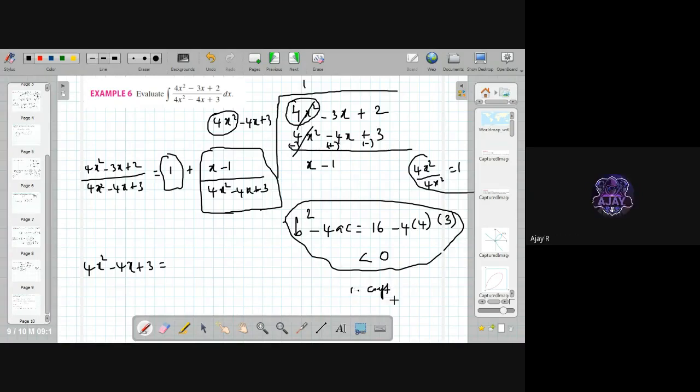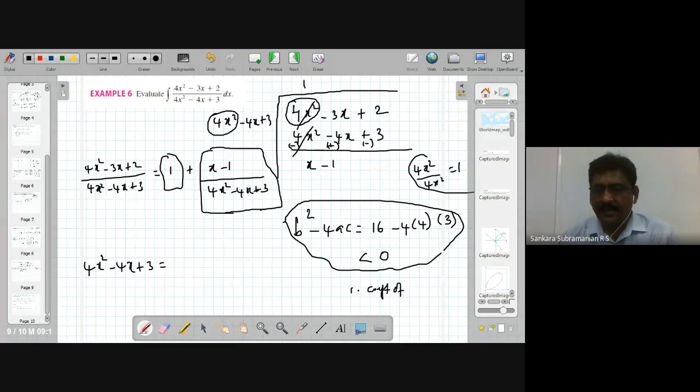X-ஓட square coefficient 1 ஆகும். Very good. Well done. Coefficient of x square must be 1. 1 இருக்கணும்னா coefficient of x square பக்கத்துல என்ன இருக்கோ அதை அப்படியே வெளியில தூக்கிடணும். So you get x square minus x plus 3 by 4.